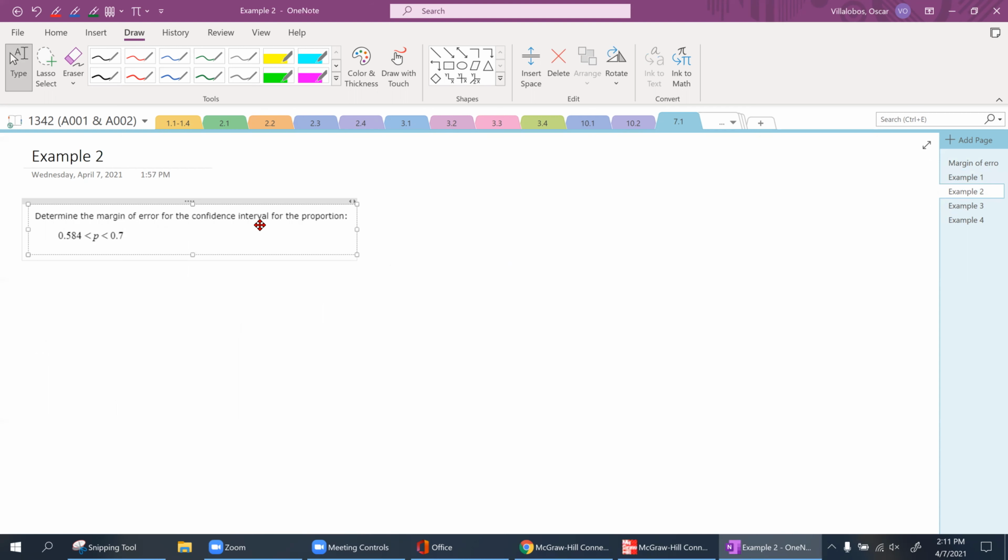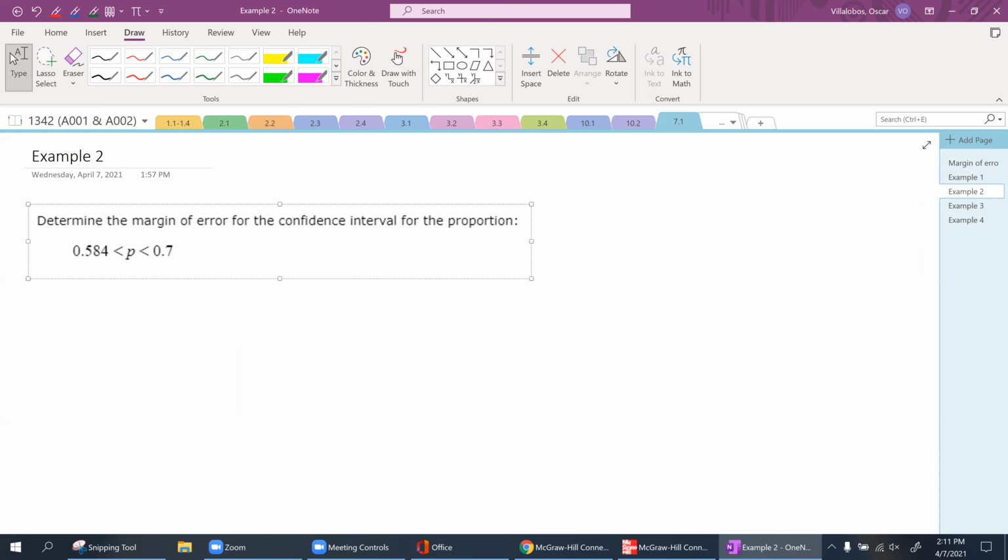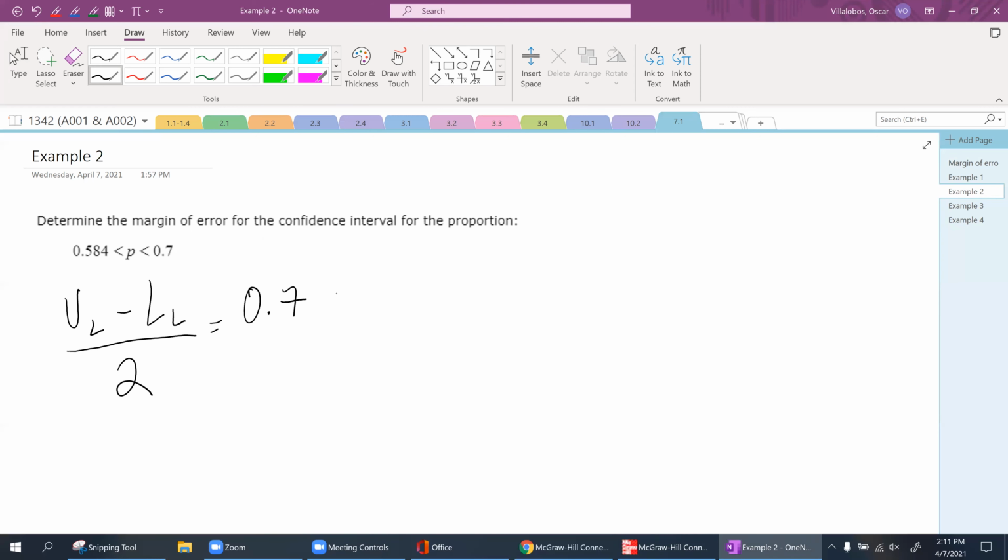Let's apply it to the second problem. Determine the margin of error for the confidence interval for the proportion. Let's do the same thing: upper limit minus lower limit, divided by 2. This is 0.7 minus 0.584, divided by 2, so we're looking for that total distance.